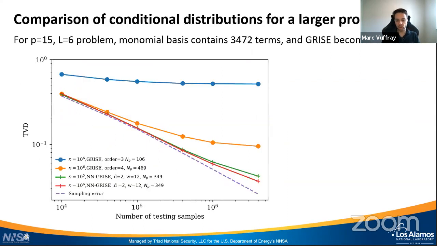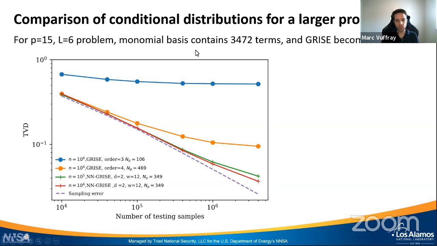The second experiment is to see how it behaves for larger problems, not small problems. Because before it was a small problem, so maybe with this number of parameters, it will grow quickly and represent the distribution too quickly. So on the larger problems, here you have a problem of size 15, where the largest clique size is 6.